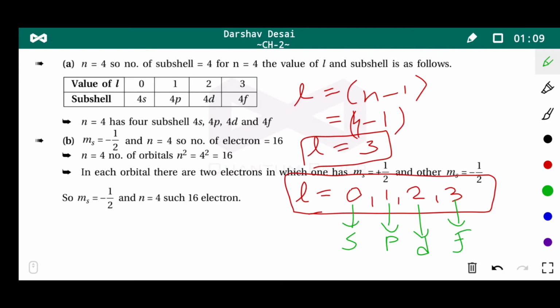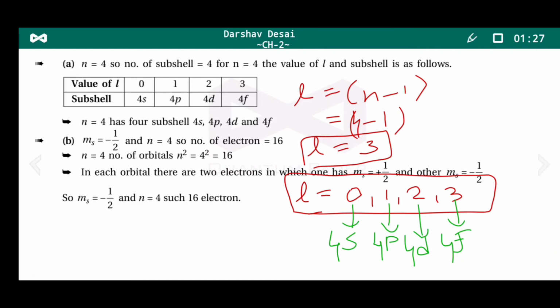Okay, 0, 1, 2, 3 means s, p, d, f. And here n is equal to 4 means 4s, 4p, 4d and 4f.